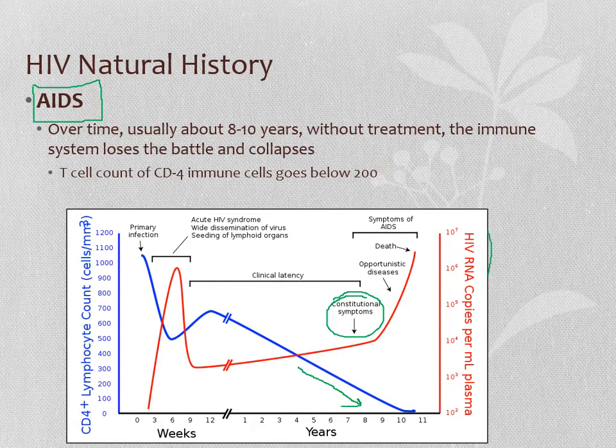This is a logarithmic scale over here, so this is exponential growth of the virus. And then it gets to the point where you develop these strange infections. Those are called opportunistic diseases or opportunistic infections, because your immune system now not only can't hold the HIV virus in check, but it can't fight other illnesses either. And then if left untreated, it's going to be fatal.